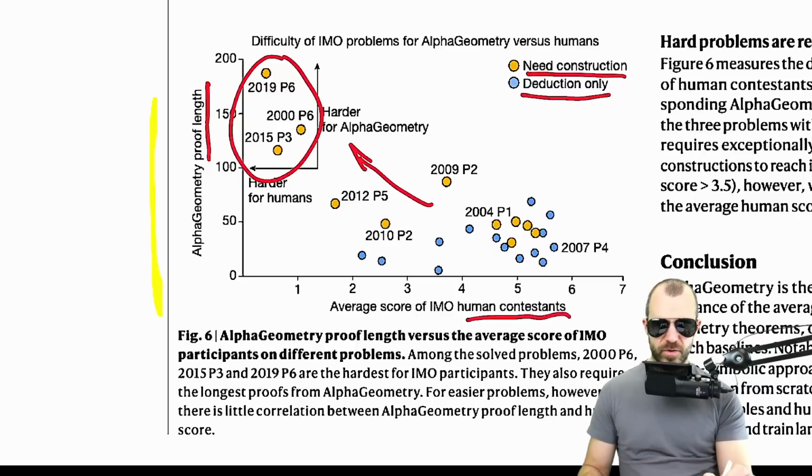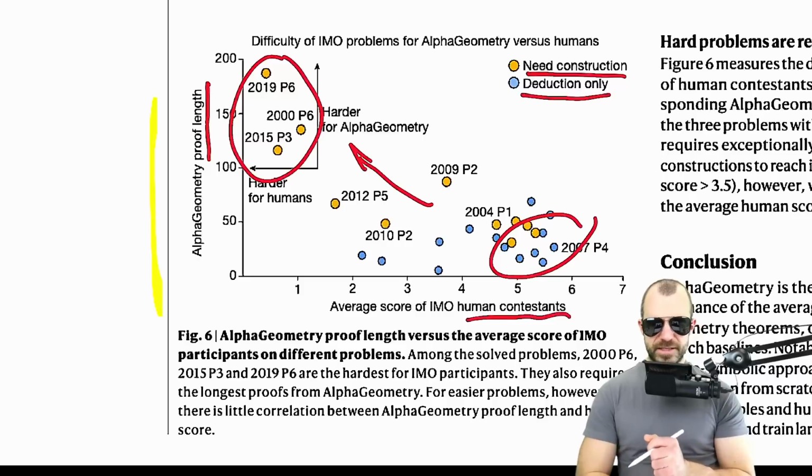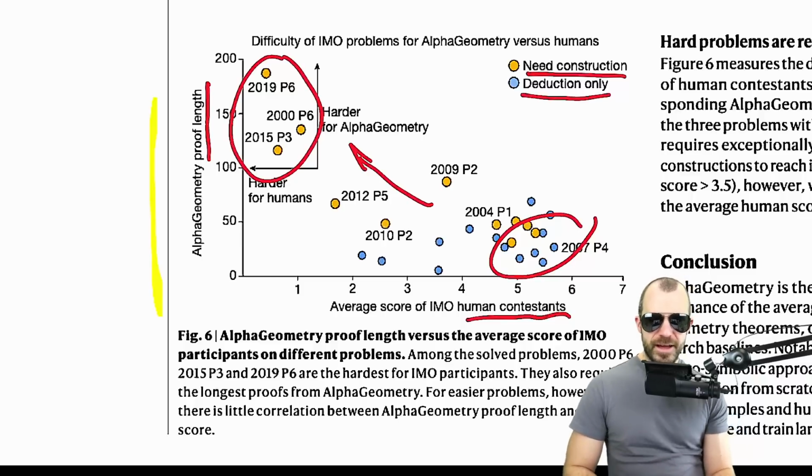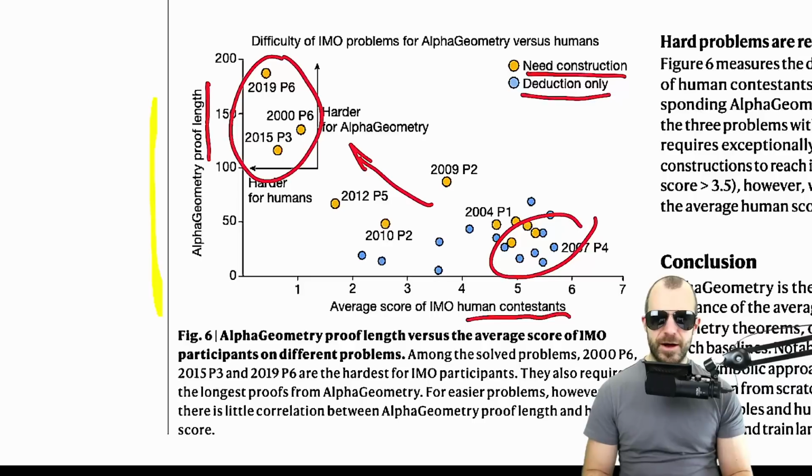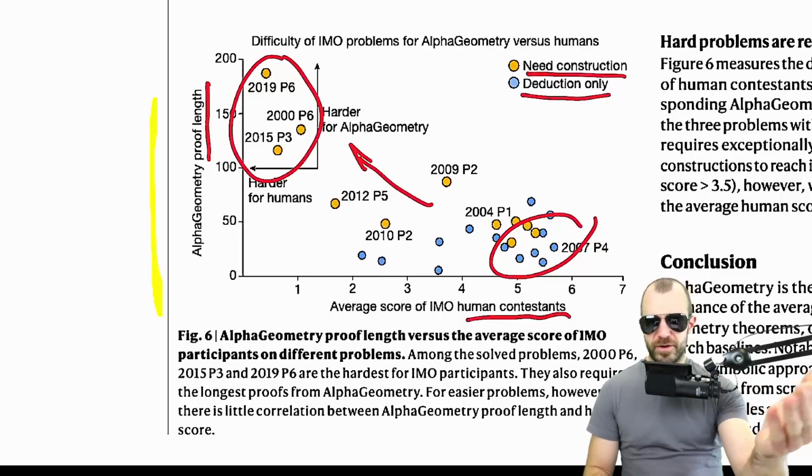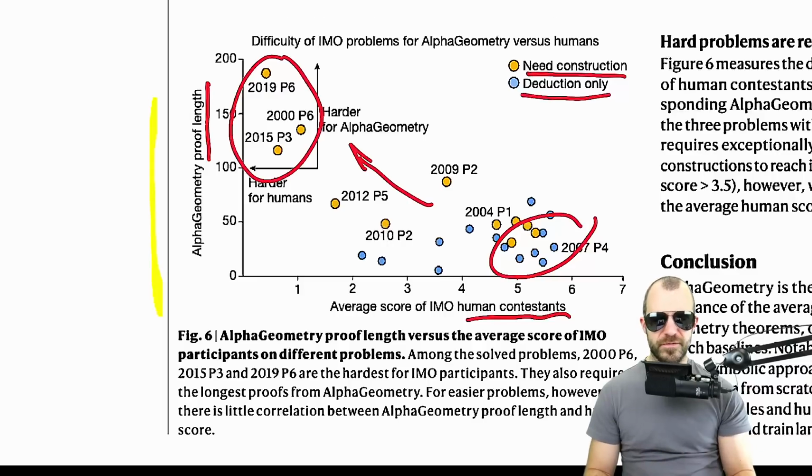In fact, the ones that are only deduction tend to be the easier ones, at least here. So I think this is a domain where the hardness of problems correlates probably more than in most other domains with just how many steps are required to achieve the goal. Humans just aren't that good at doing that search problem over very long steps, looking very far into the future in a search tree.